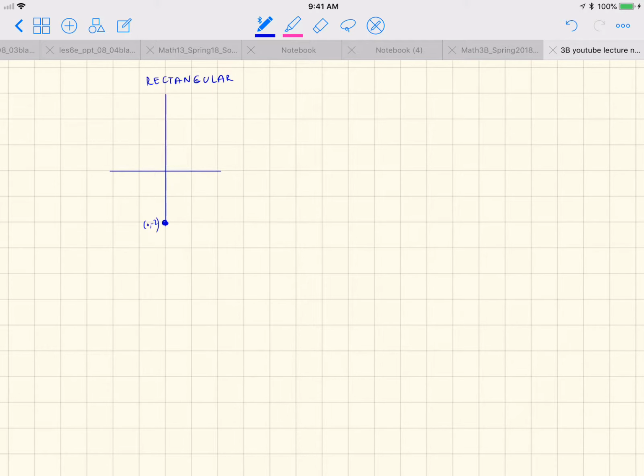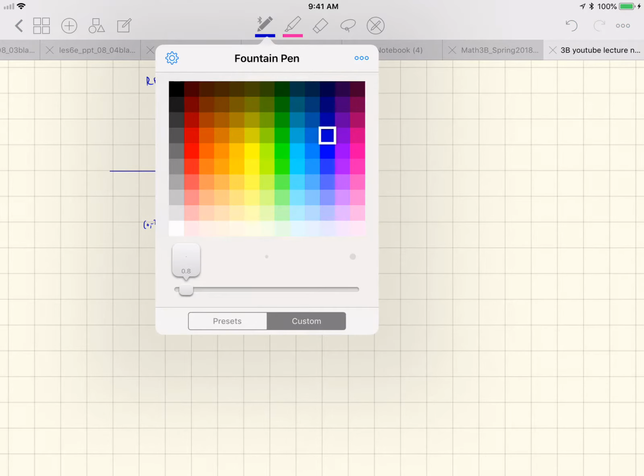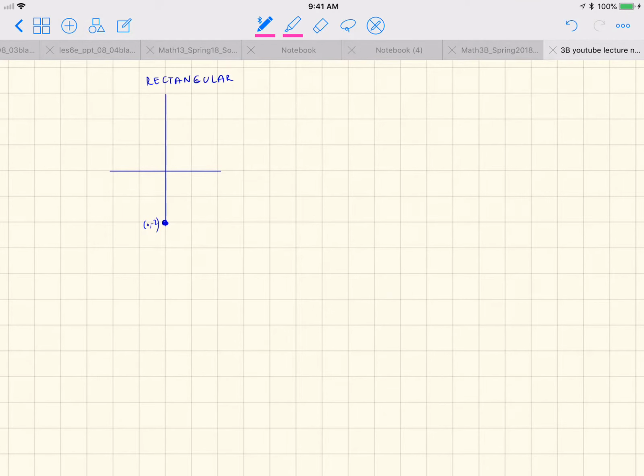And in terms of polar coordinates, with my pink, what is my distance to the origin? That distance is going to be 2. So I could say go out to 2 and go down pi over 4.